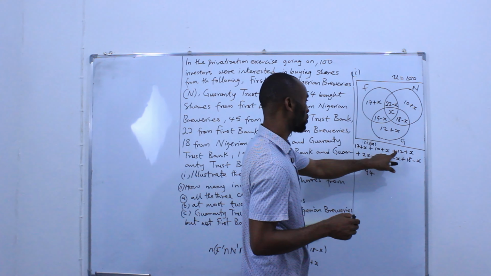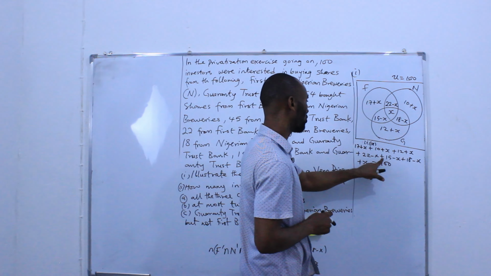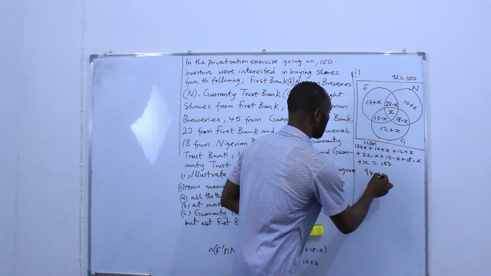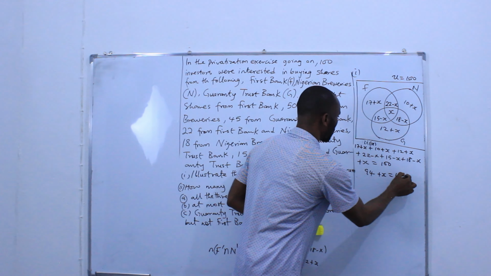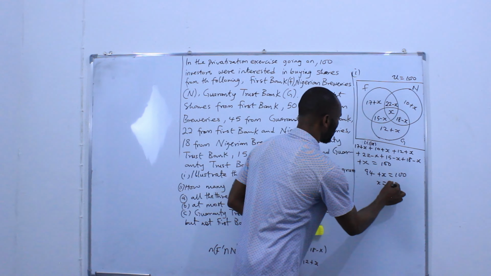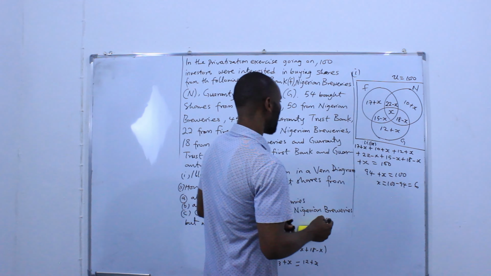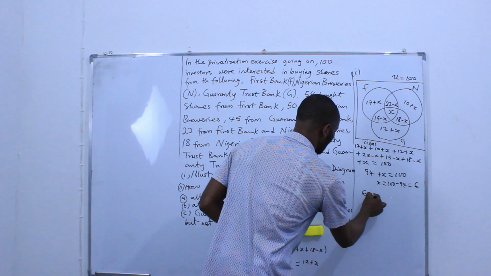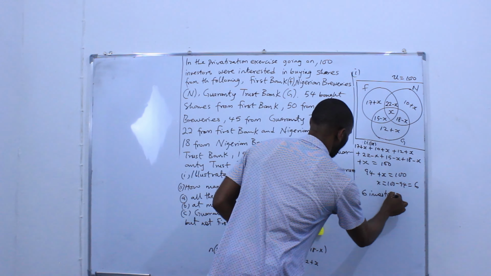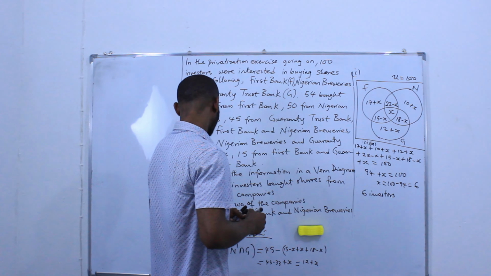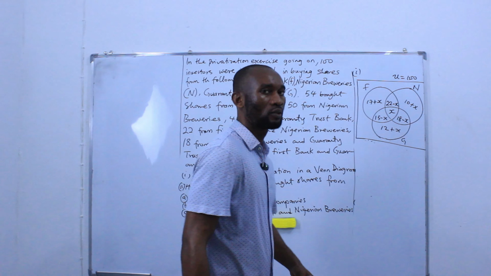X plus x is 2x, 3x. Remove from this, so you are left with plus x is equal to 100. Therefore, x is 100 minus 94, and that is 6. So we have 6 investors that bought from all the 3 companies.